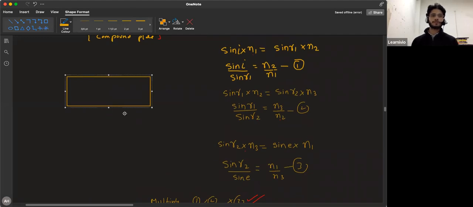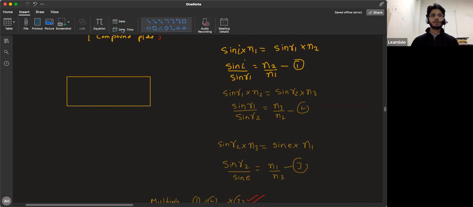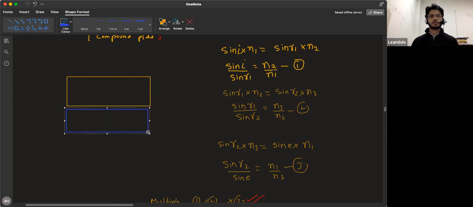So this is the first plate. Then you have another plate. So you have different mediums.